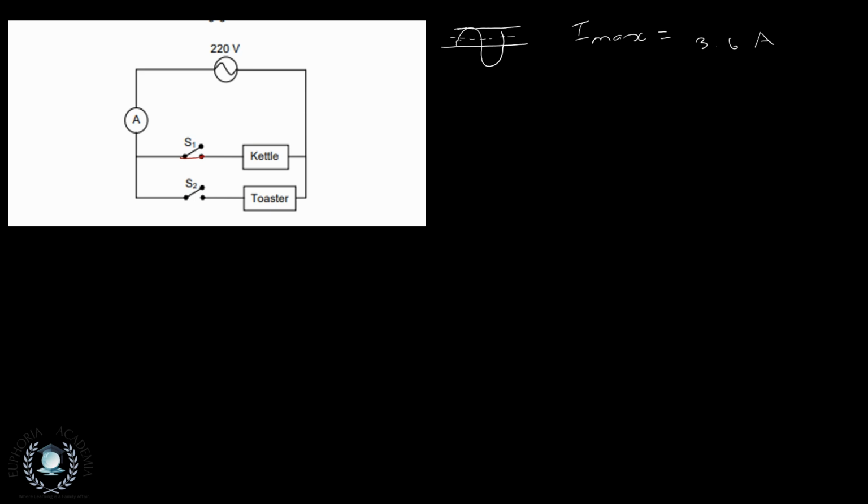So with the RMS value, I_RMS is equal to the maximum current divided by the square root of 2.